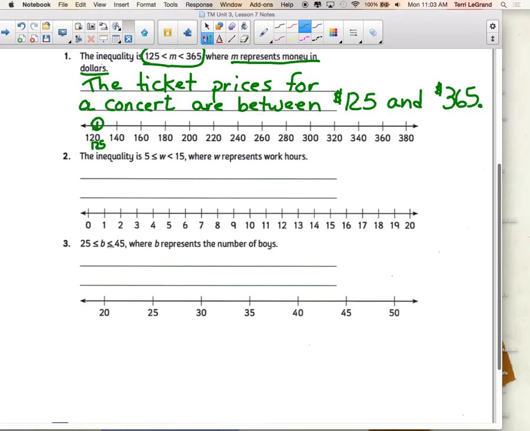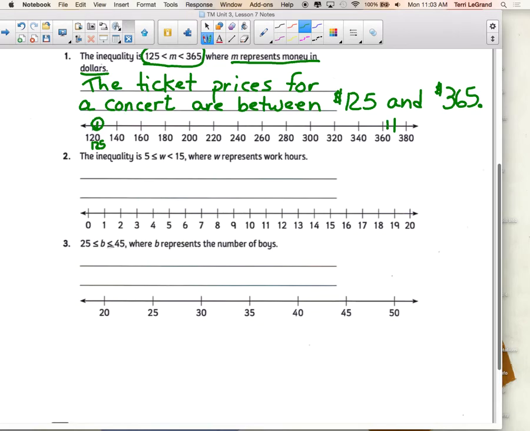Well, 365 is between 360 and 380, right? What's halfway between 360 and 380? 370. So this mark would be 370, right? Now we need 365. Where would that be? Halfway between 70 and 60.